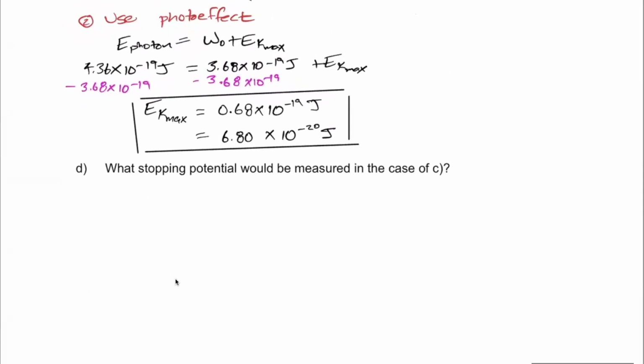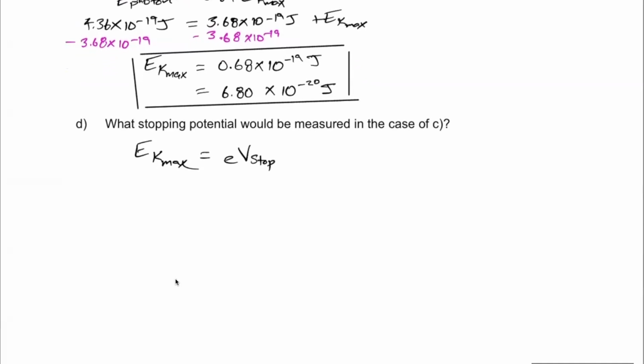But that's not new. What stopping potential would be measured in the case of C? So last day we looked at the stopping potential, which was EK max is equal to E times V stop. Perfect.